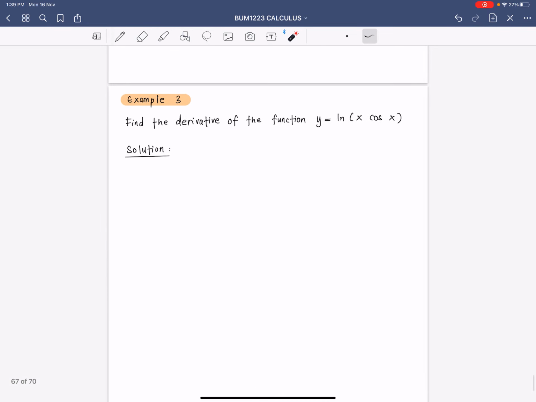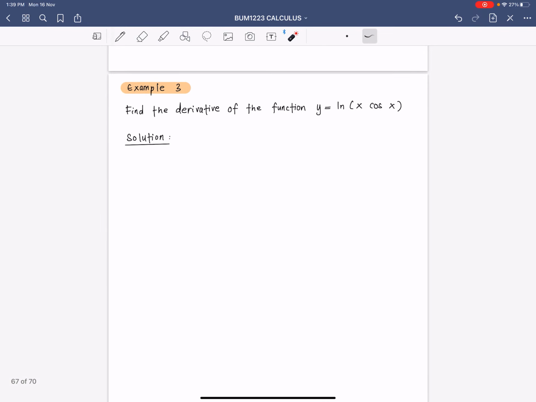Third example. Find the derivative of the function y equals ln x cos x. Okay, if you see the basic formula involving ln that you have is y equals ln x, where it is in the form of y equals ln of a variable. But now you don't have a variable here.